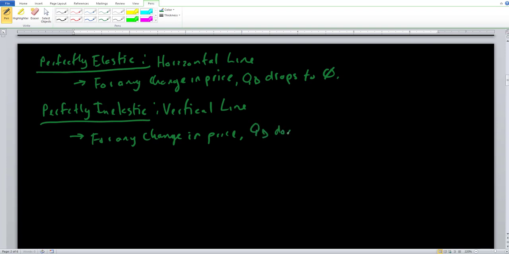So it does not change, or we can say it remains the same. Notice that remains the same or does not change is not the exact same thing as zero here. They do mean two different things. So with perfectly inelastic, it's a vertical line. For any change in price, quantity demanded does not change, and the slope of the demand curve is infinite.